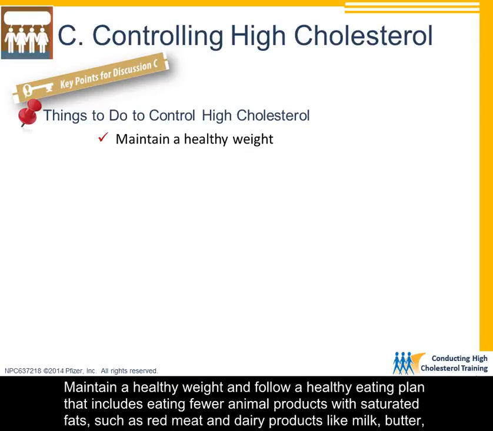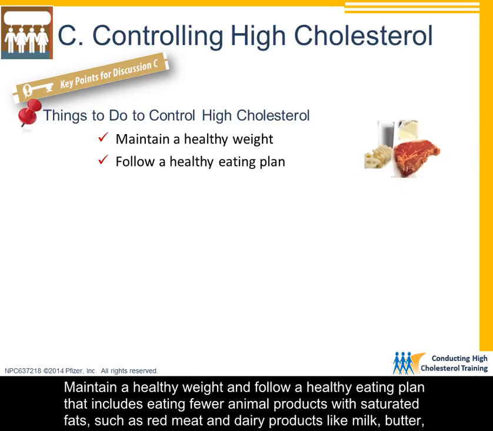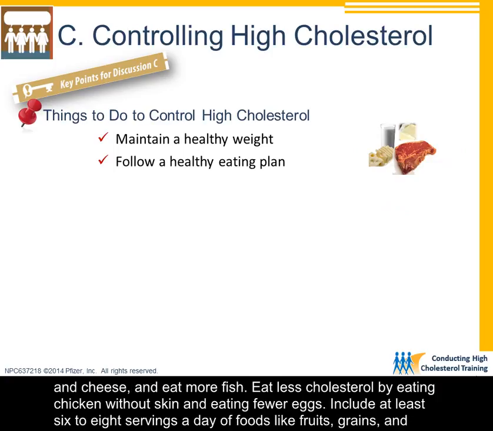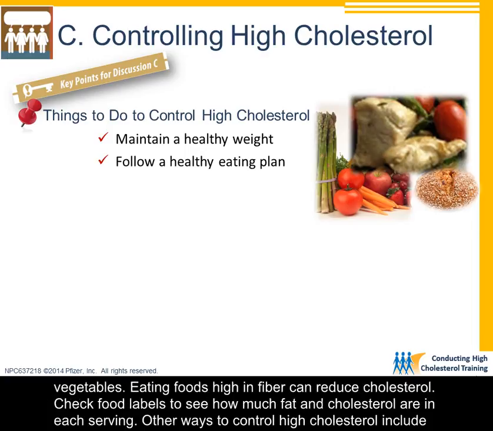Maintain a healthy weight and follow a healthy eating plan that includes eating fewer animal products with saturated fats, such as red meat and dairy products like milk, butter, and cheese, and eat more fish. Eat less cholesterol by eating chicken without skin and eating fewer eggs. Include at least 6 to 8 servings a day of foods like fruits, grains, and vegetables.